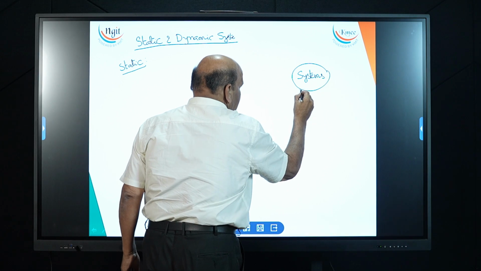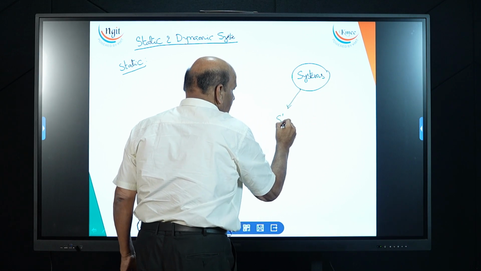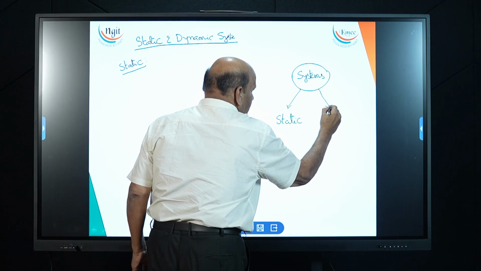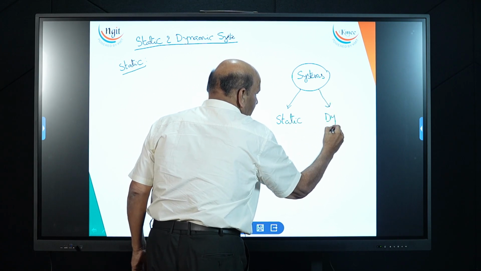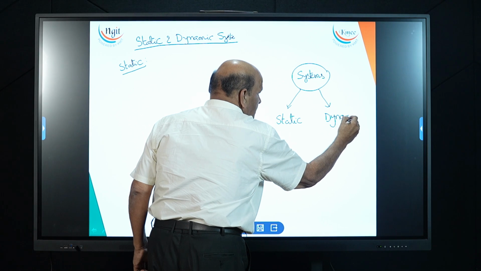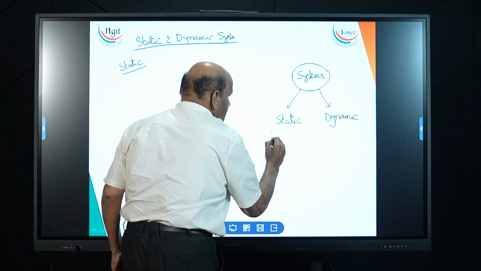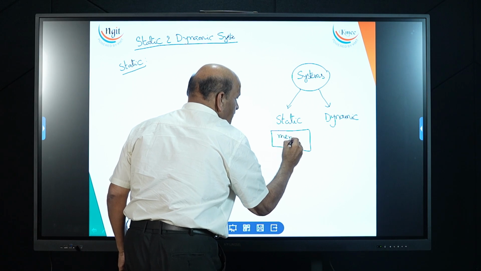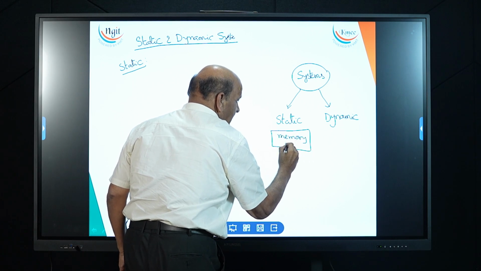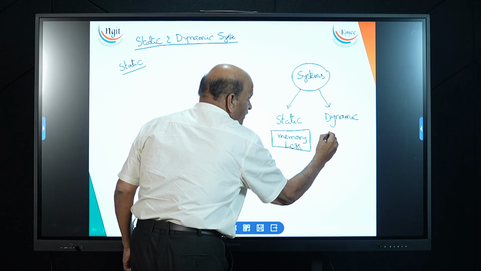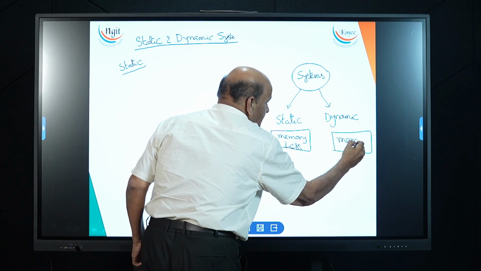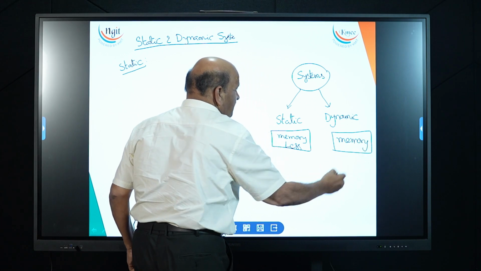In the first instance, we are going to differentiate between static and dynamic systems. For easy understanding, static means what? It is memoryless. Dynamic means what? These are memory systems.